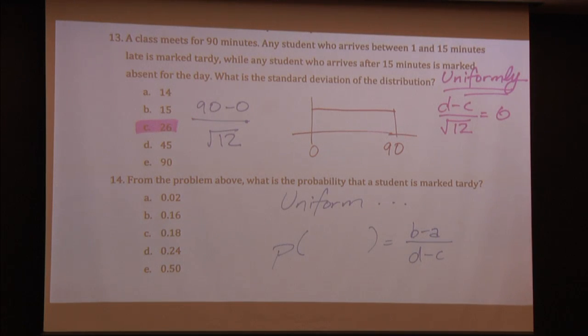So in what range is that? For what range did they say they're marked tardy? So 1 to 15.